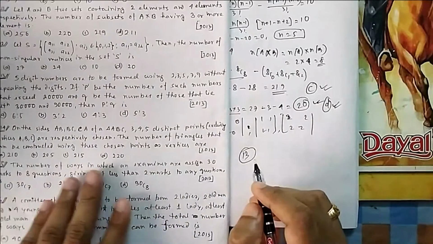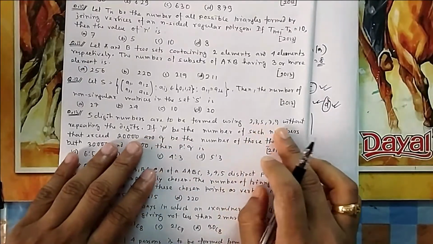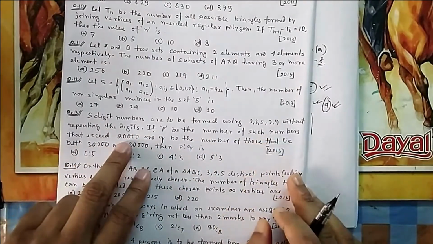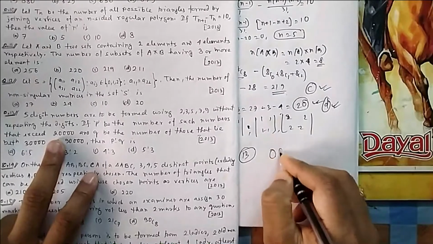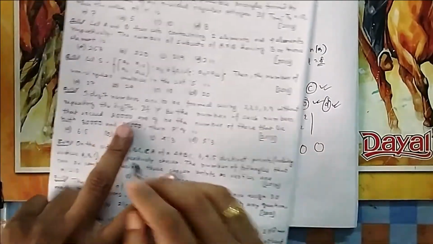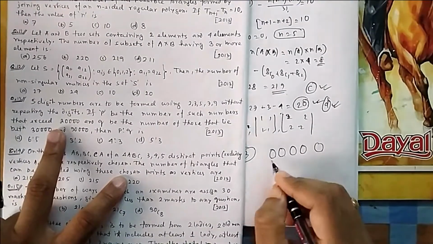Now if you come to 13, 5-digit numbers are to be formed using 2, 3, 5, 7, 9 without repetition of the digits. P is the number of numbers formed that exceed 20,000. If you want to exceed 20,000, here you can put only a number equal to 2 or more than 2.